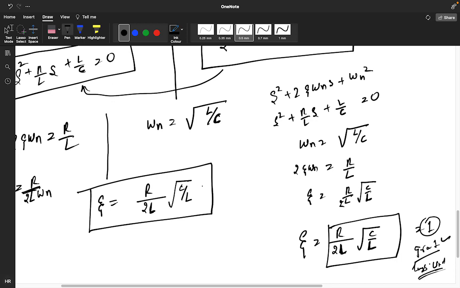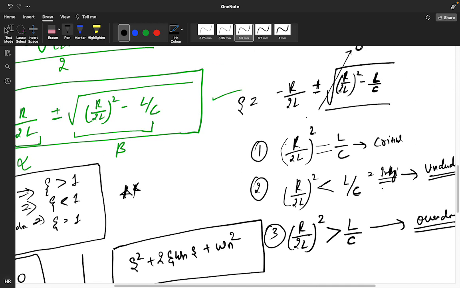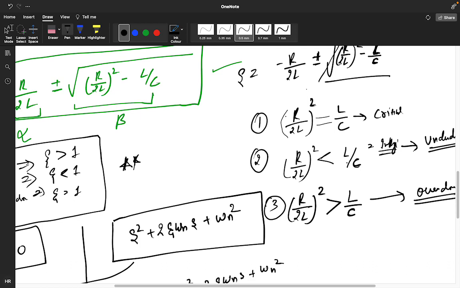So you can find it this way also, or that way. It's up to you. I hope you got this terminology, because it is very important. That's why I am telling you these things again and again.